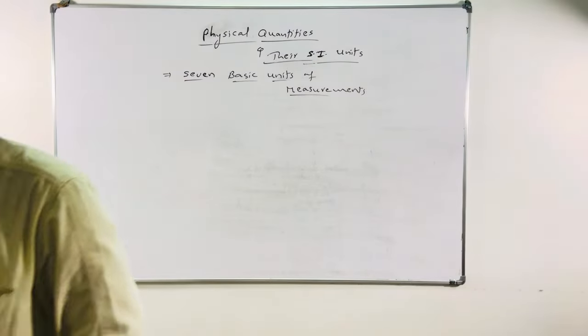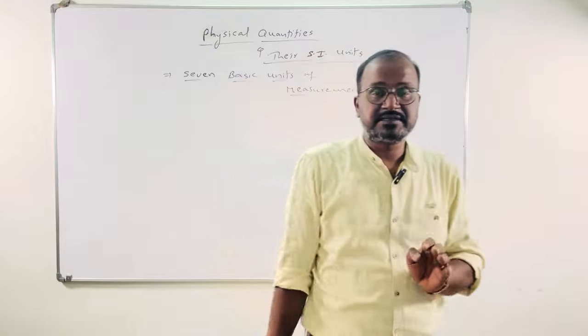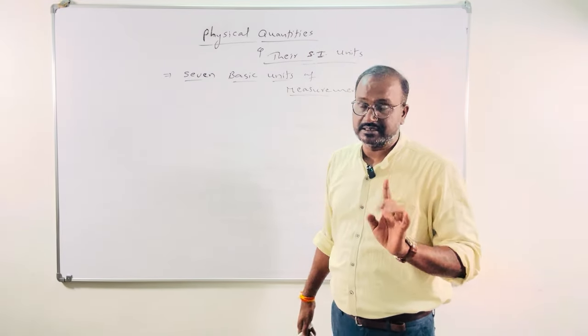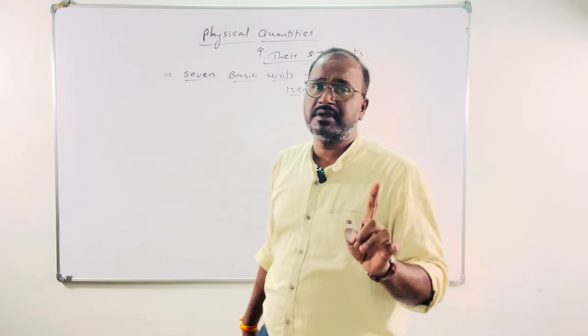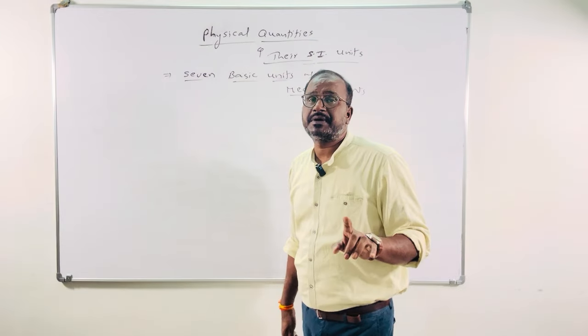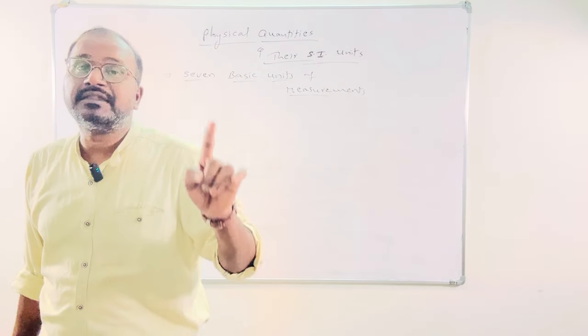Once again, I'm reminding you, to know the behavior of chemical substances, we should know chemical properties and physical properties. Chemical properties can be measured based on chemical reactions. Physical properties can be measured only based on the physical quantities and their units.